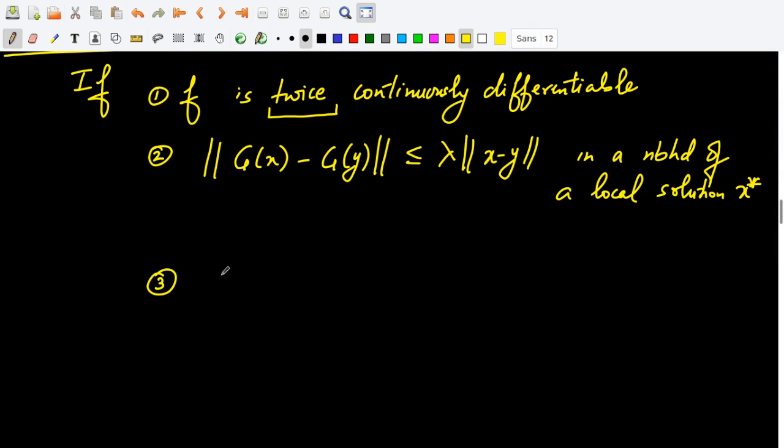And xk, some iterate that we visit during the algorithm, should actually be close to x star.